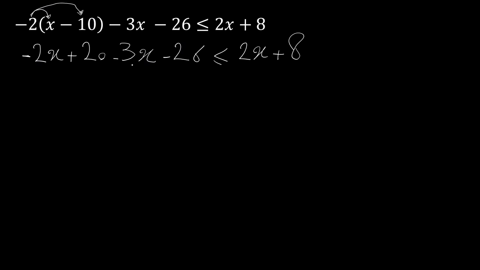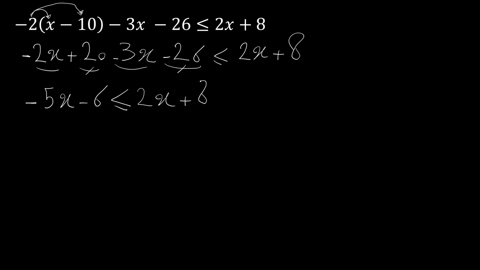Let's see if I can add these two terms with each other and these two terms with each other, because they are variables and numbers. So here I'm going to have -5x minus 6 is less than or equal to x plus 8.